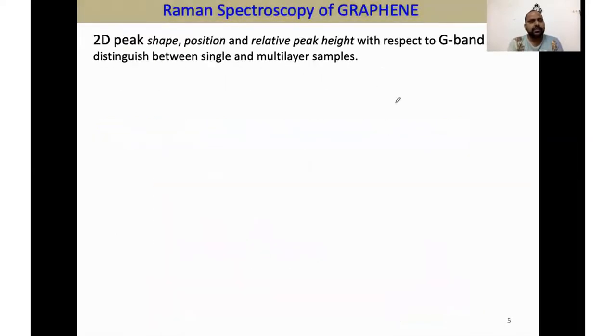So basically, not only the intensity of the 2D peak, but also the shape of the 2D peak, the position of the 2D peak, and the relative peak height with respect to the G band give a clear-cut idea about single and multi-layer samples. So if we have monolayer and multi-layer, then there will be a clear-cut difference, not only in the G to 2D relative peak intensity, but also in shape and position.